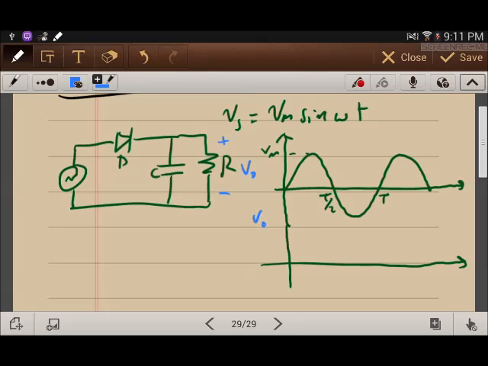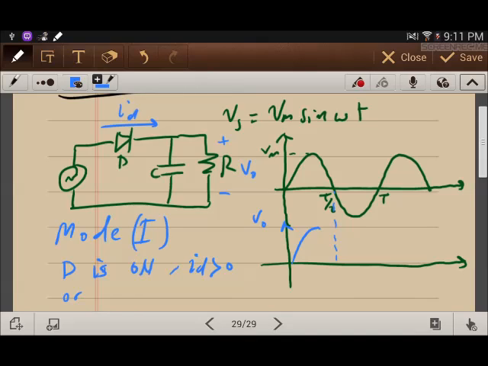V output will look like this, and then during the first mode, called mode number 1, the diode is on, meaning that the diode current is greater than 0, or we can say the diode current, which is the current that is moving through the diode, is equal to the capacitor current plus the resistor current.